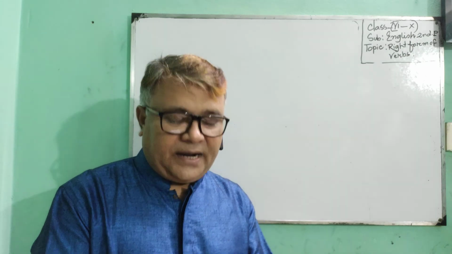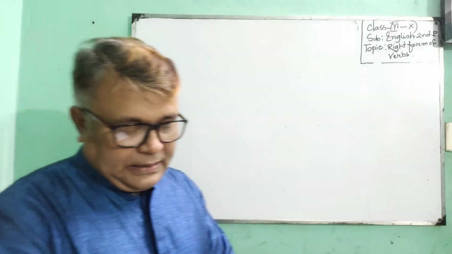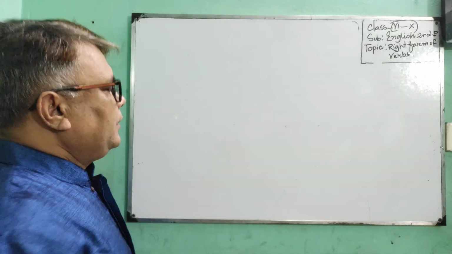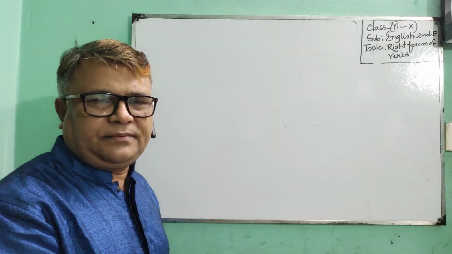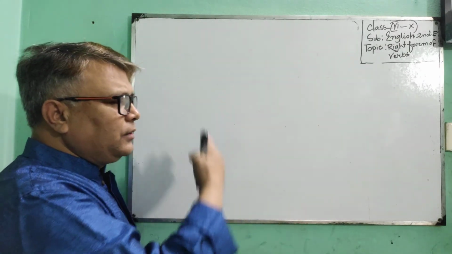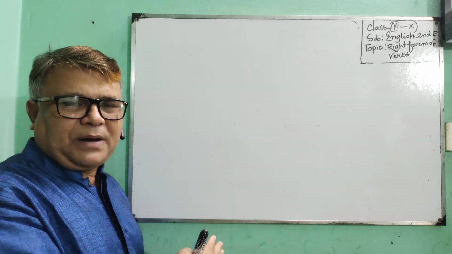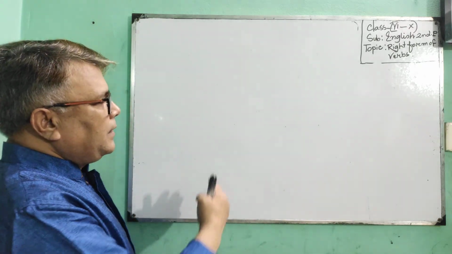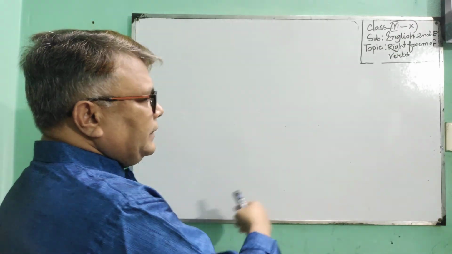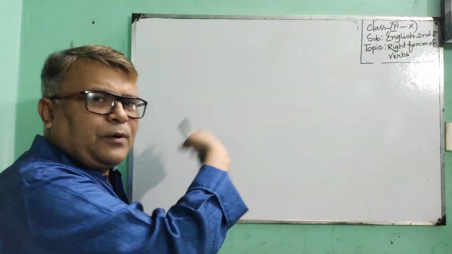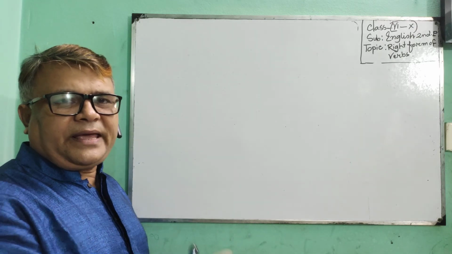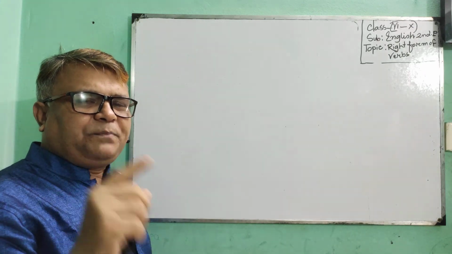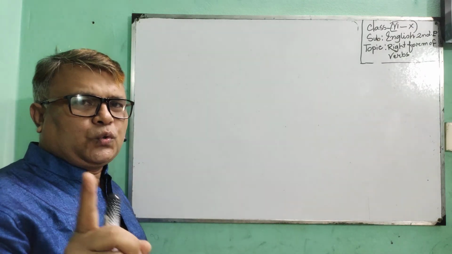My dear learners, if you find any preposition before a principal verb, then in case of right form of verb, the principal verb should be gerund. Principal verb should be gerund without to.